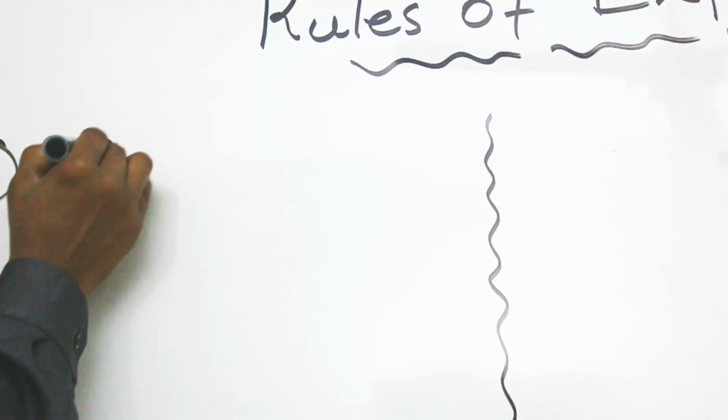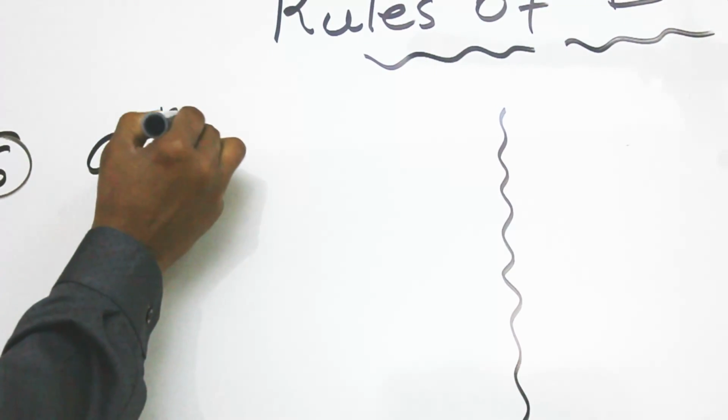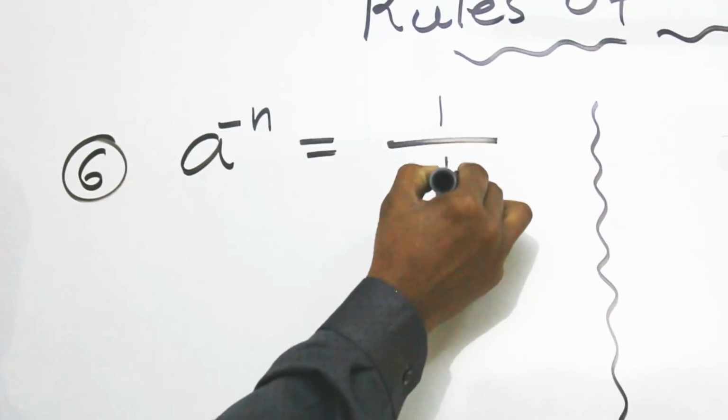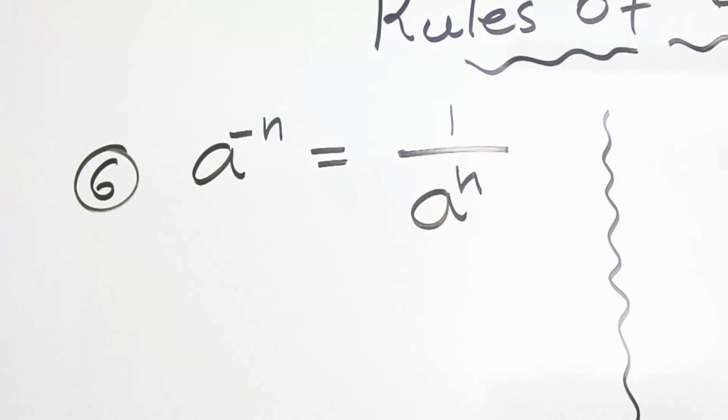Then we have the next rule: a power minus n is equal to 1 by a power n. If you have a minus on the power, you put it in the denominator. If the denominator includes a negative power, we have to bring it up to the numerator.